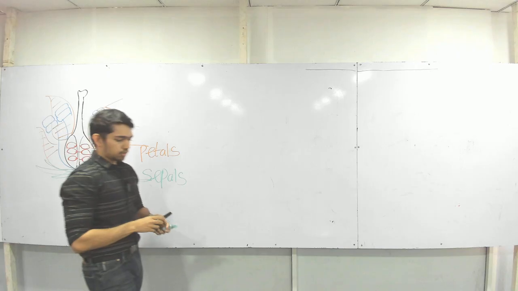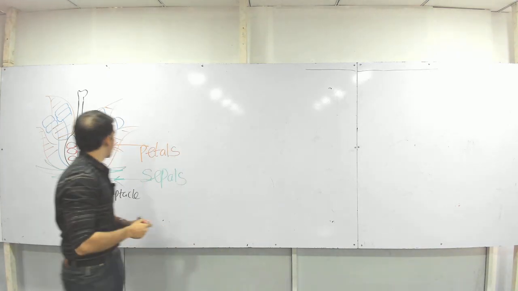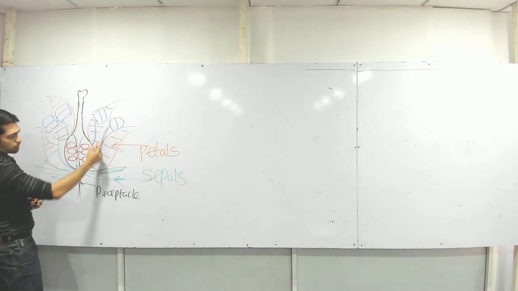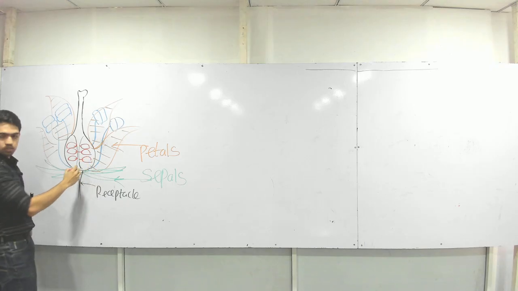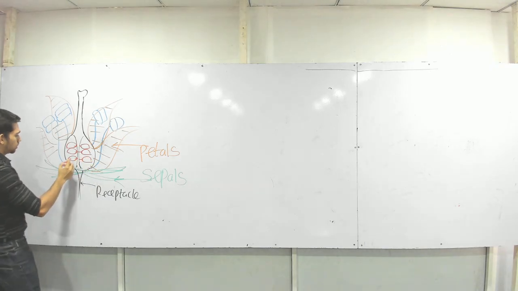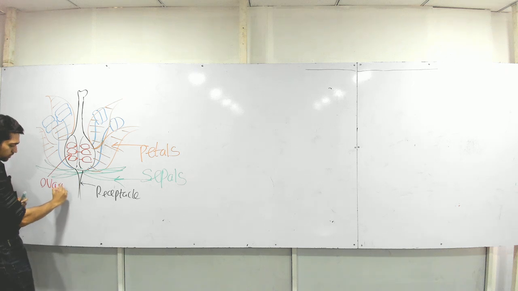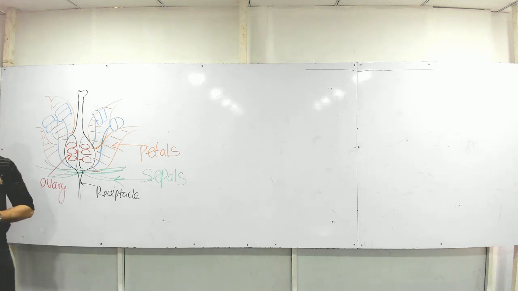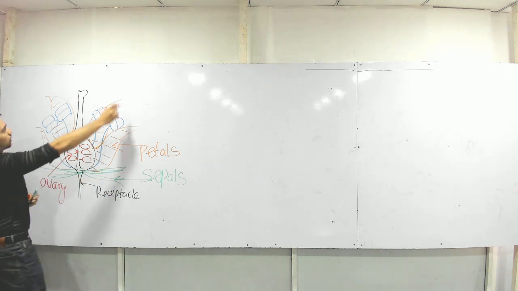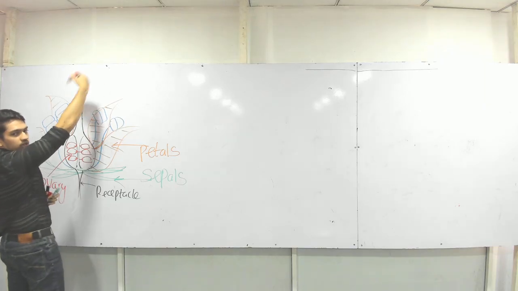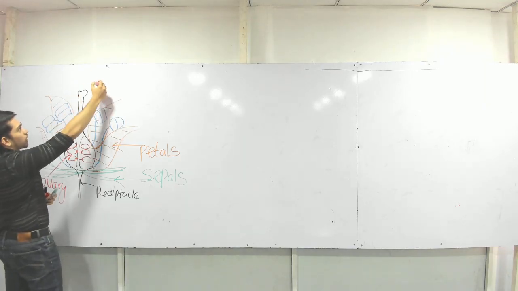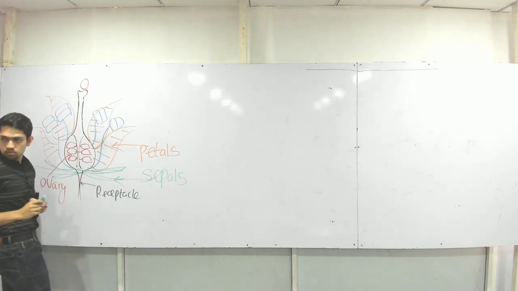Let's label the female parts. This expanded part that is containing the ovules is called what? Ovary. Ovary, right? This is the input. This is where you deposit pollen grains.